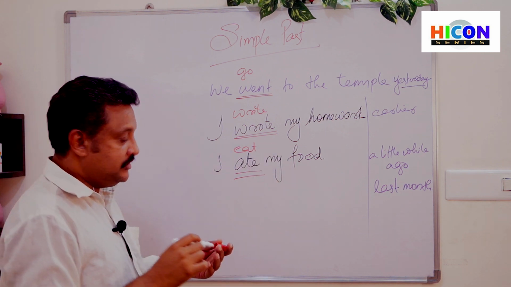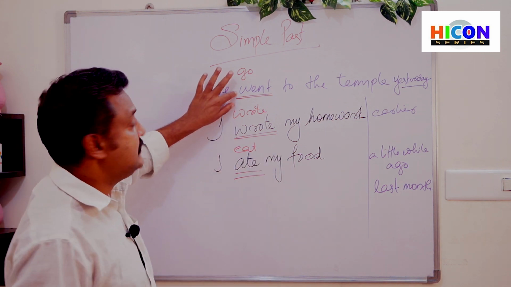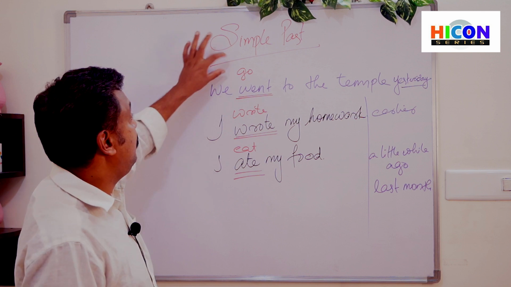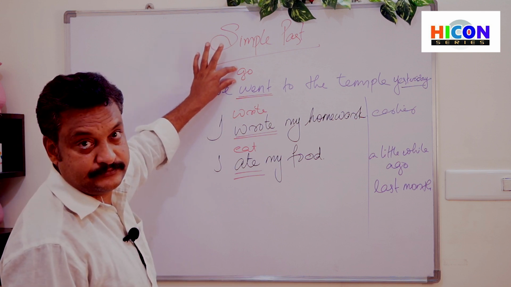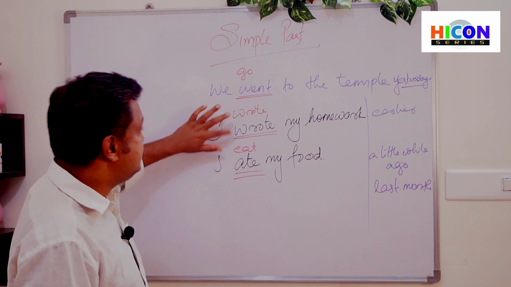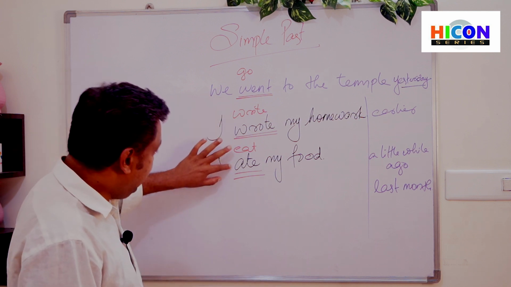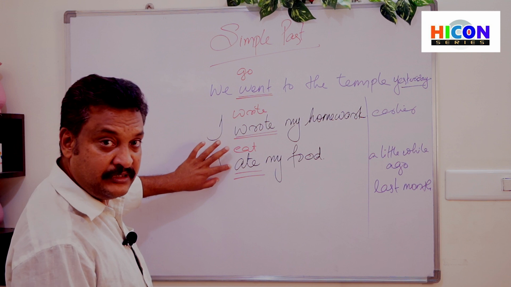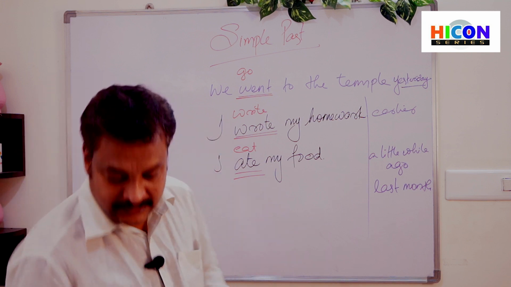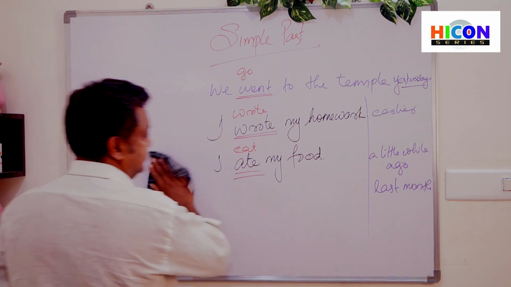Okay, so went is known as the past tense form of the verb go. Wrote is the past tense form of write. Ate is the past tense form of eat. Okay, it can be a bit confusing, I will explain it.